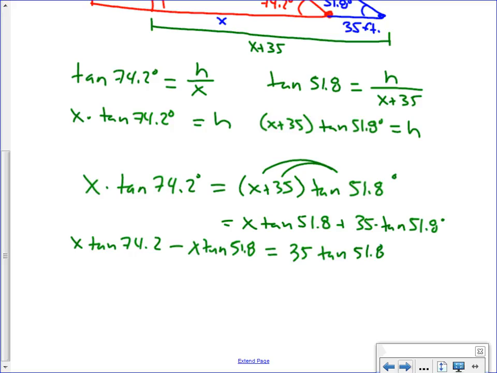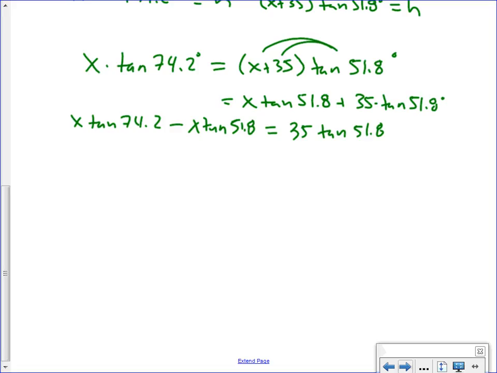What are my 3 favorite letters in factoring? 3 little letters to factor. GCF. What's the GCF of this side? It's X. So you take out the X, you GCF, and you get x times tan 74.2 minus tan 51.8 equals 35 tan 51.8.